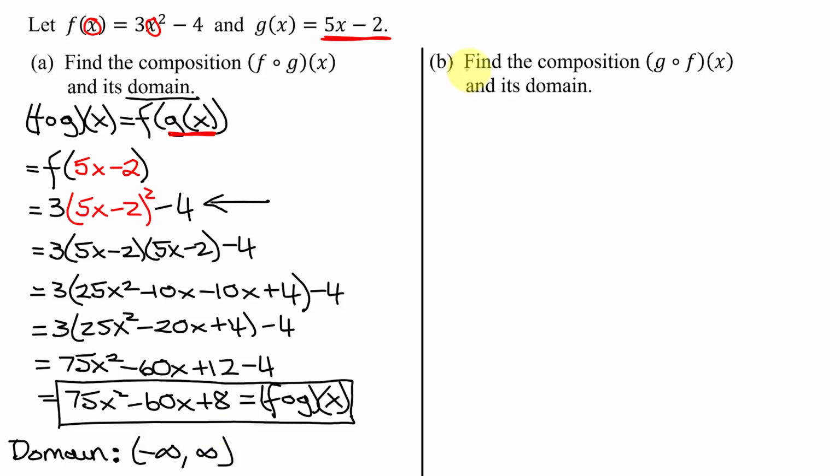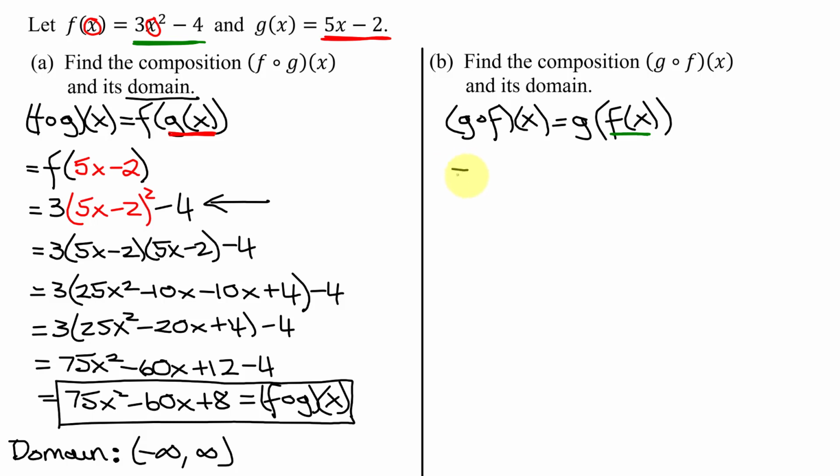Now in part B, I need to find g composed with f of x. So g composed with f of x equals, by definition, g at f of x. Again, working from the inside, I'm going to take f of x and replace it with its definition.